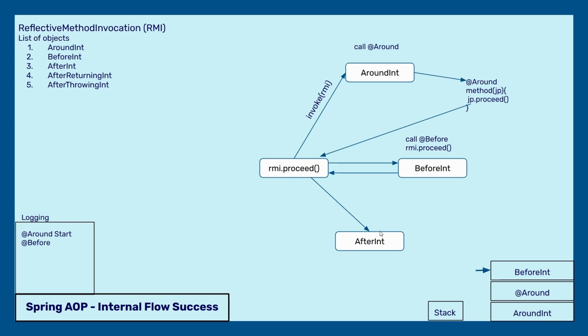Here the invoke method for this after interceptor is called, and within this after interceptor, the code looks something like this. There is a try and finally. Within the try block, rmi.proceed, in a sense the proceed method, is called back, and once this proceed method is completed, in the finally block, our after advice is called.